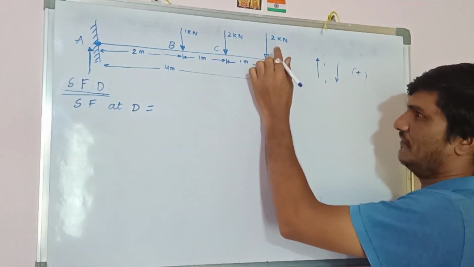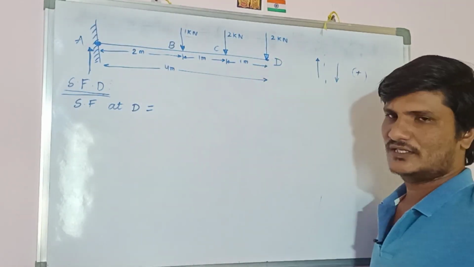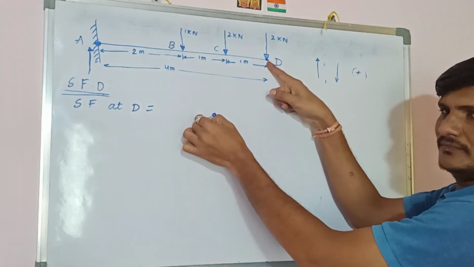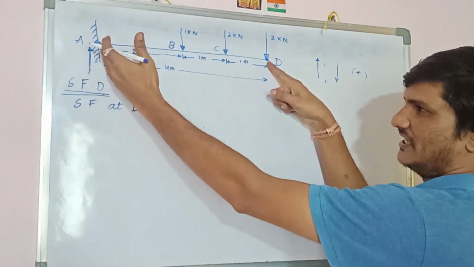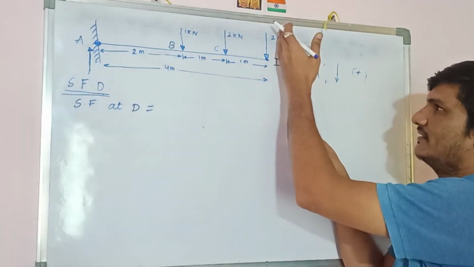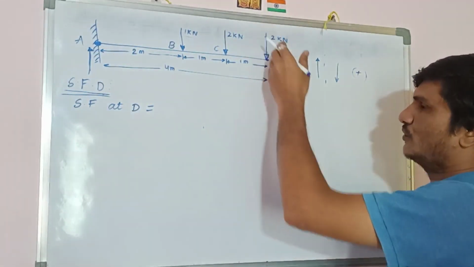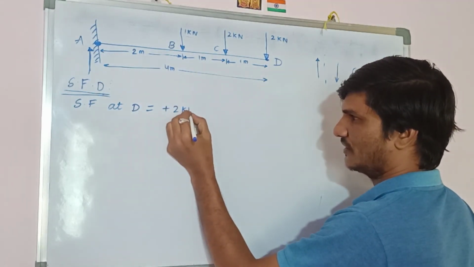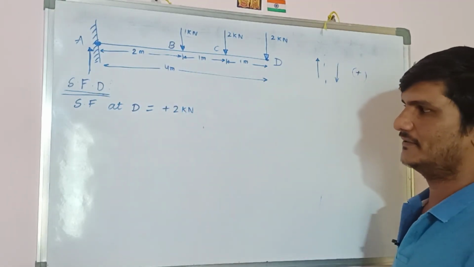So now the shear force at D. At this point, if you make the section, the left has the reaction force and the right side has 2 kilonewton, so the shear force at D is plus 2 kilonewton.